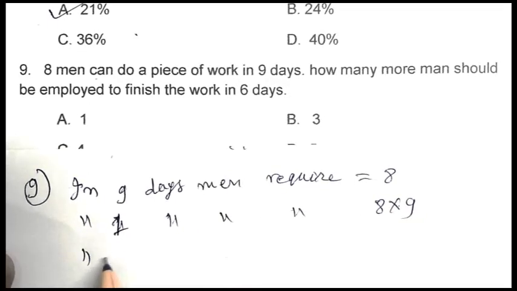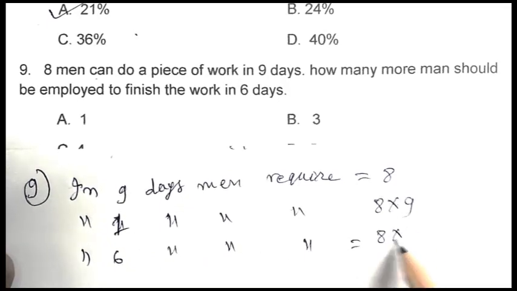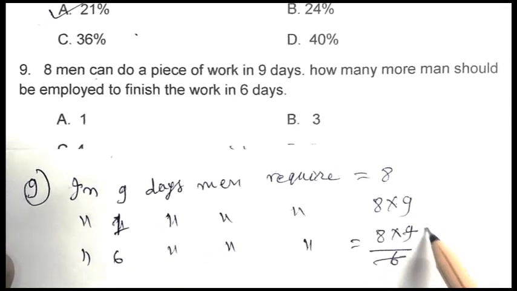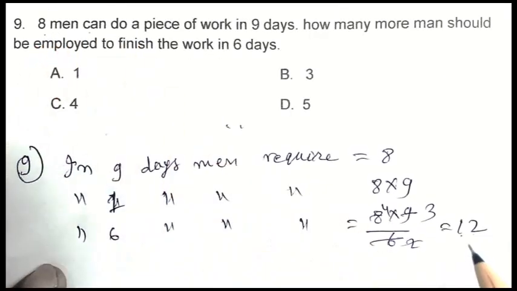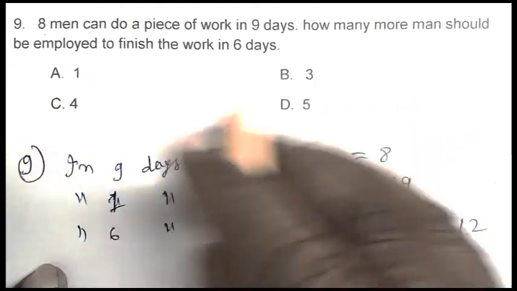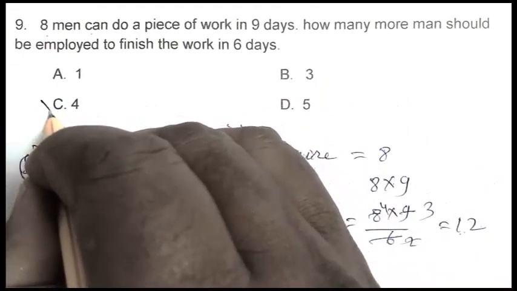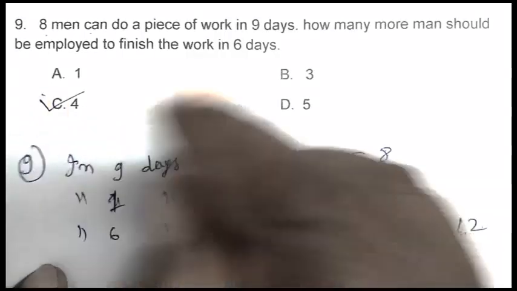In 6 days, 8 into 9 by 6, that is 12 men required. We already have 8 men and we have to engage 12 men, so 4 more men are needed to do the work in 6 days. So C is the right answer.